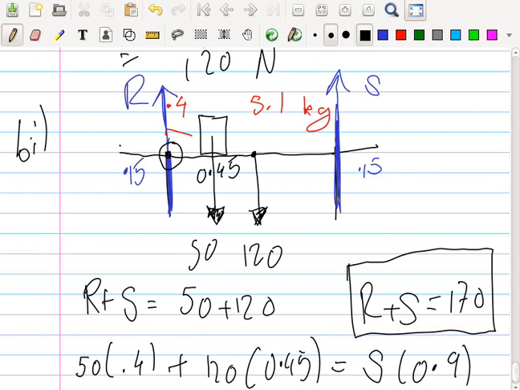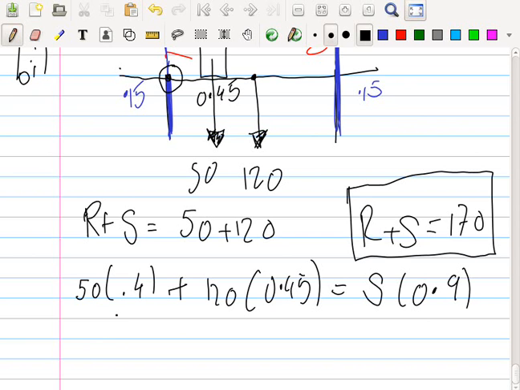The whole table is 1.2, so 1.2 minus these two pieces gives me this piece in the middle. This gives me S equals 82.3.